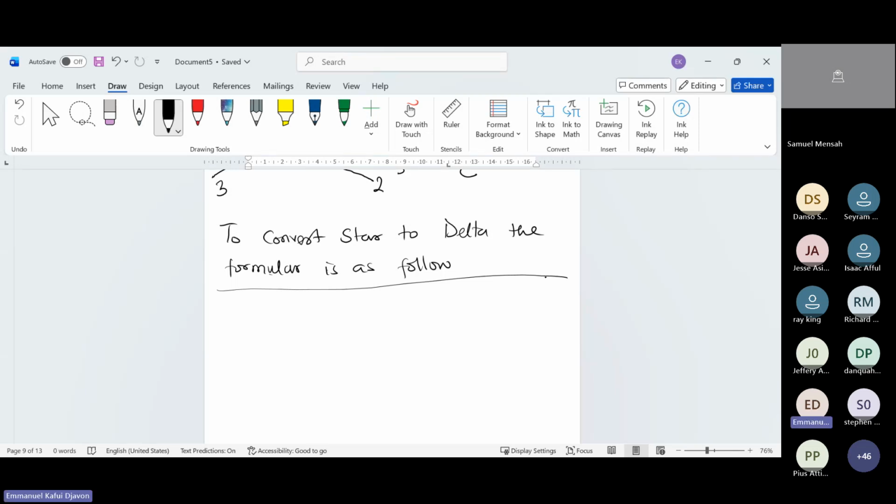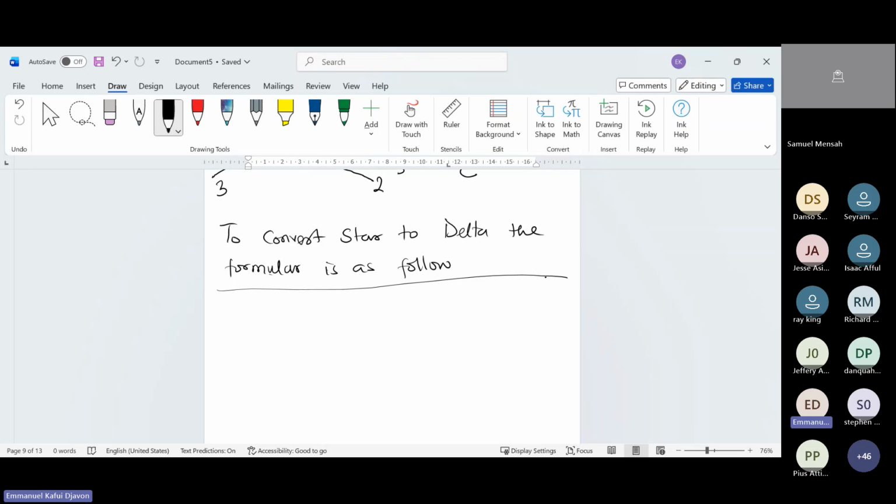So as you can see, we can convert the star to delta, and we can also convert the delta to star.